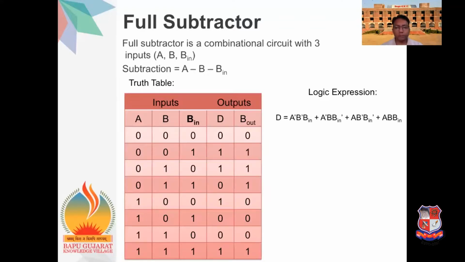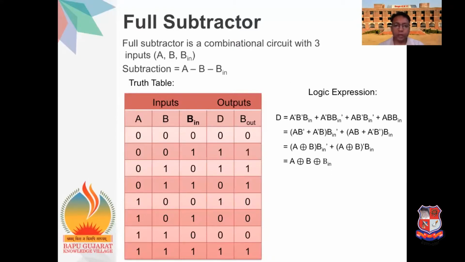By simplifying these terms, we get A B dash or A dash B into B in dash, or AB or A dash B dash ending with the B in. By simplifying this, we can find the relation between A, B and B in. So here the difference is also the same as the sum, A XOR B XOR B in.